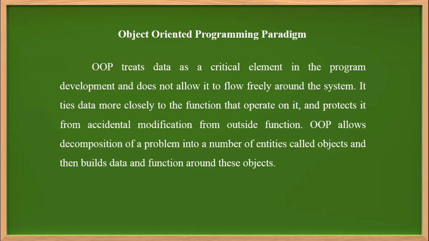It ties data more closely to the functions that operate on it and protects it from accidental modification from outside functions. Object-oriented programming allows decomposition of a problem into a number of entities called objects and then builds data and functions around these objects.